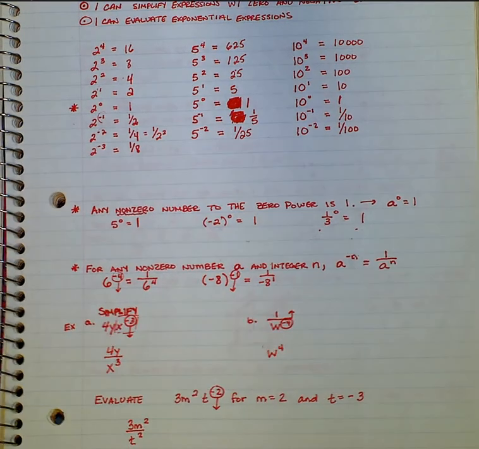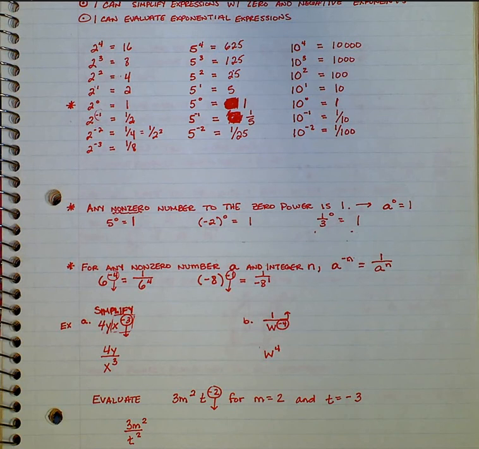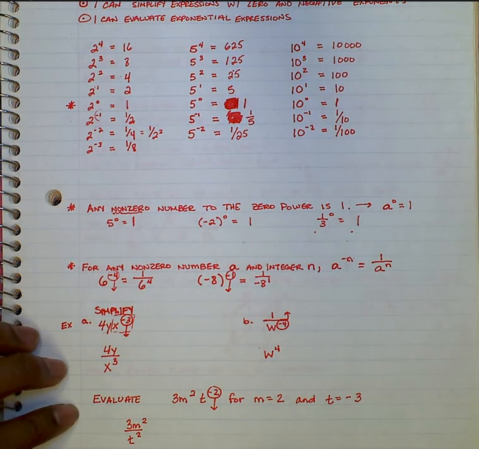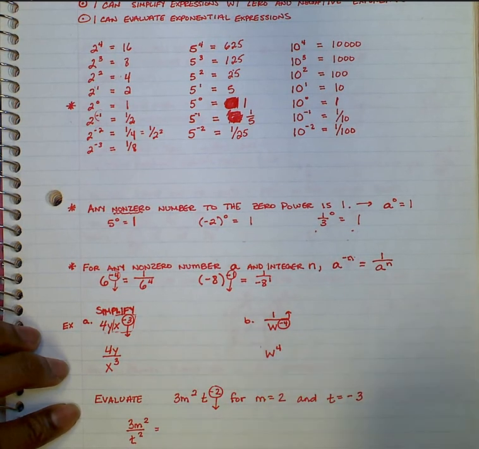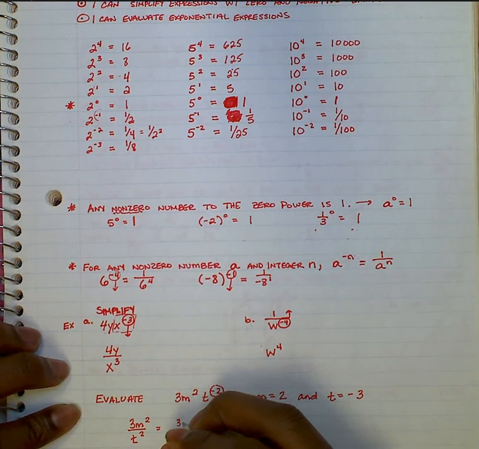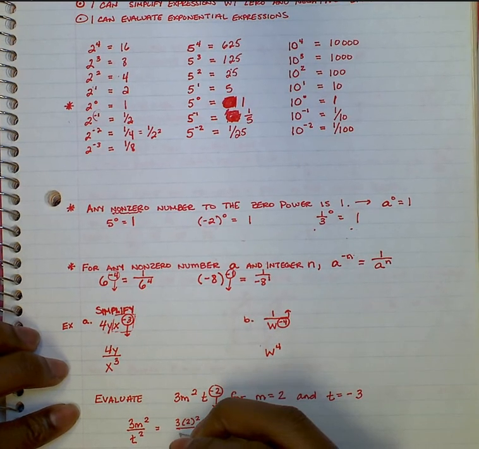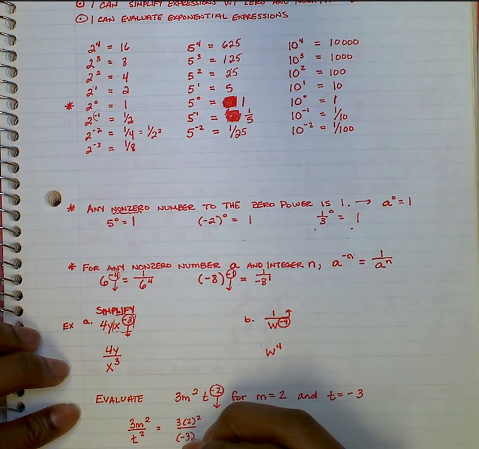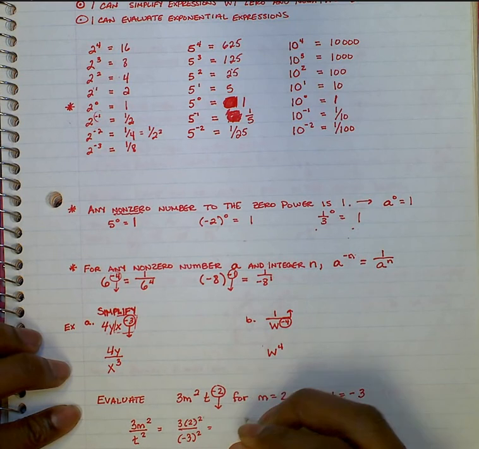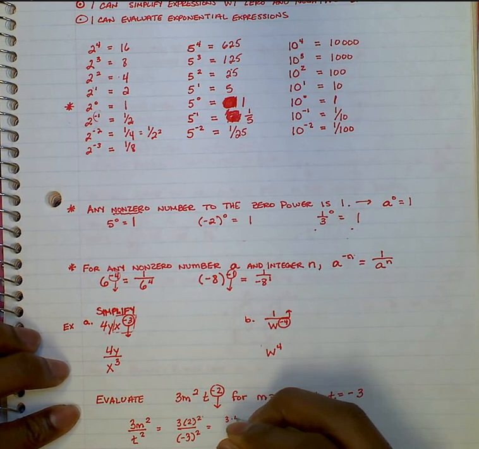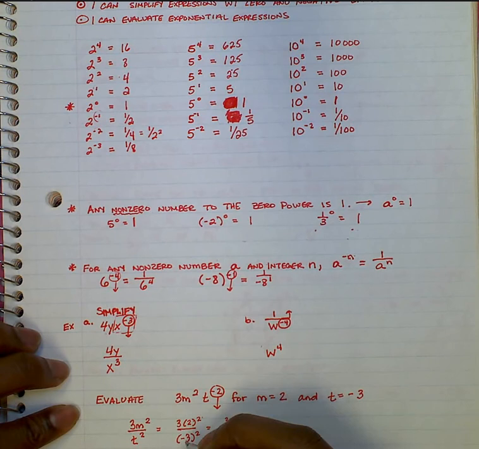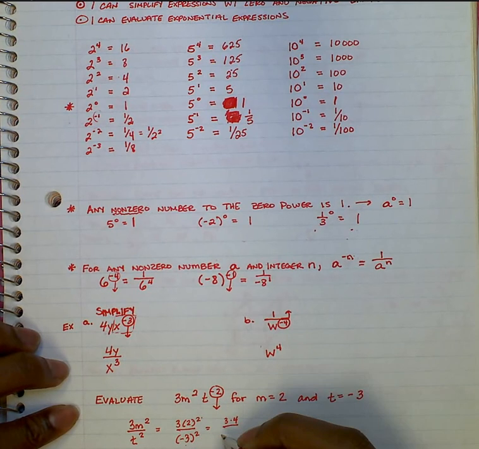And from there now I'm going to plug in and simplify. So I have 3 times 2 squared over negative 3 squared. 2 squared is 4. 3 times 4 over, remember that negative 3 squared is a positive number, it's 9.